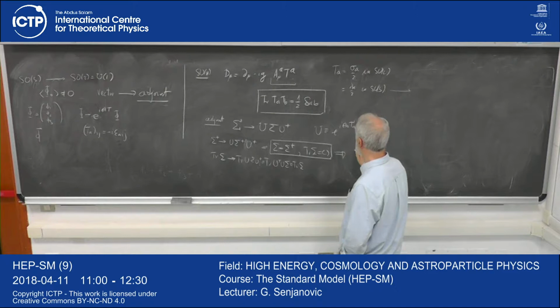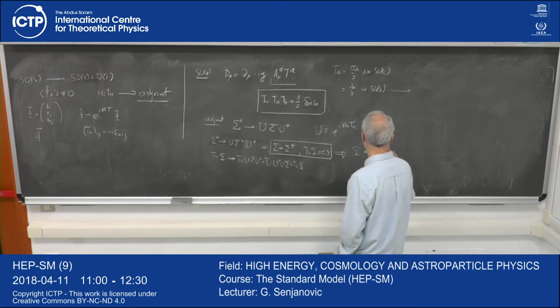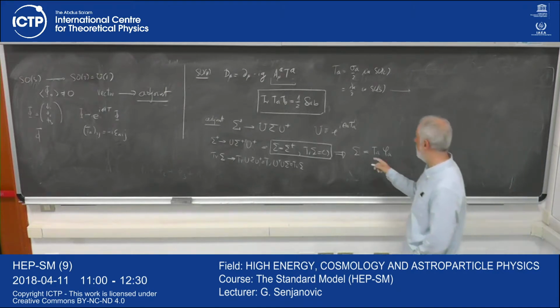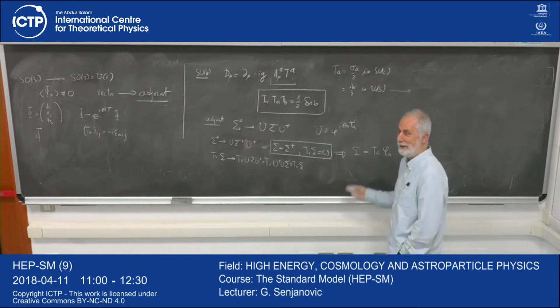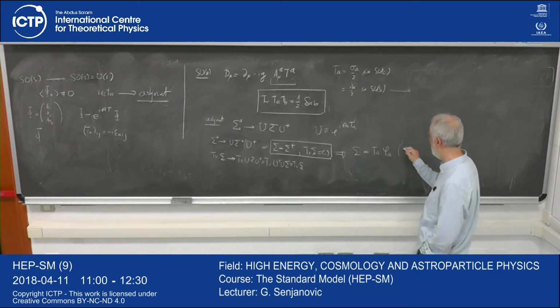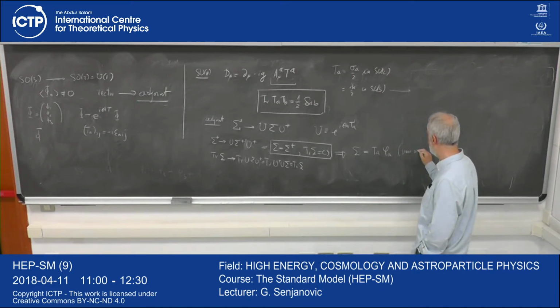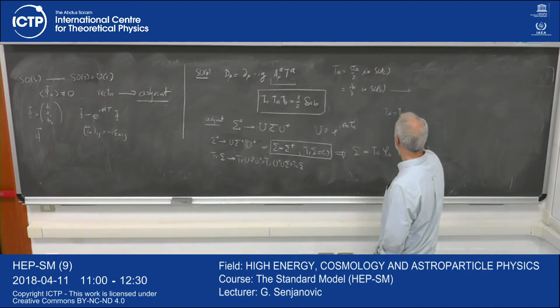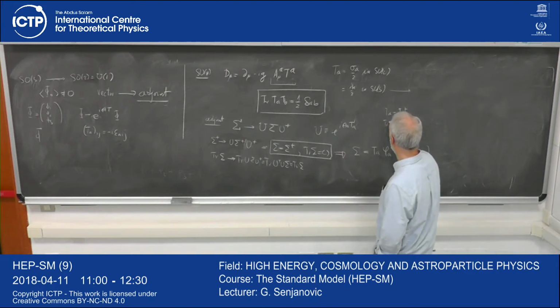But that means that I can write sigma as T^A times phi^A. I'm summing over A, if you wish. I don't want to write that there is a sum over A. Why? Because the T^As are the basis of such Hermitian traceless matrices.